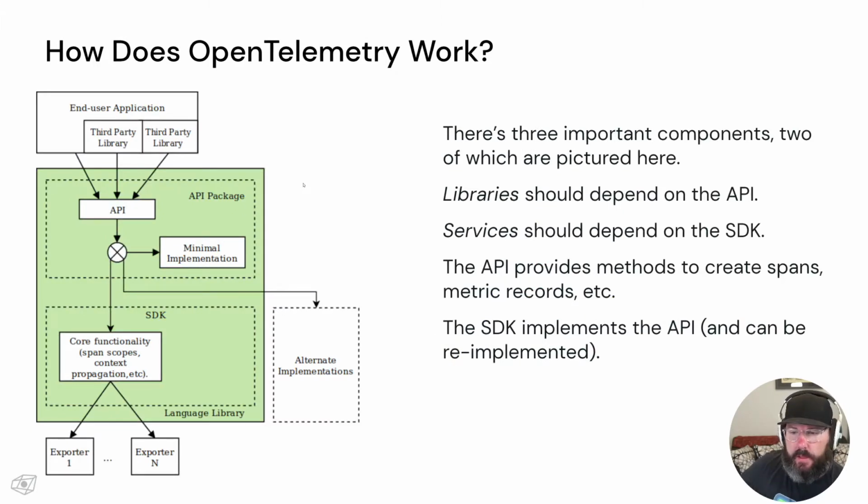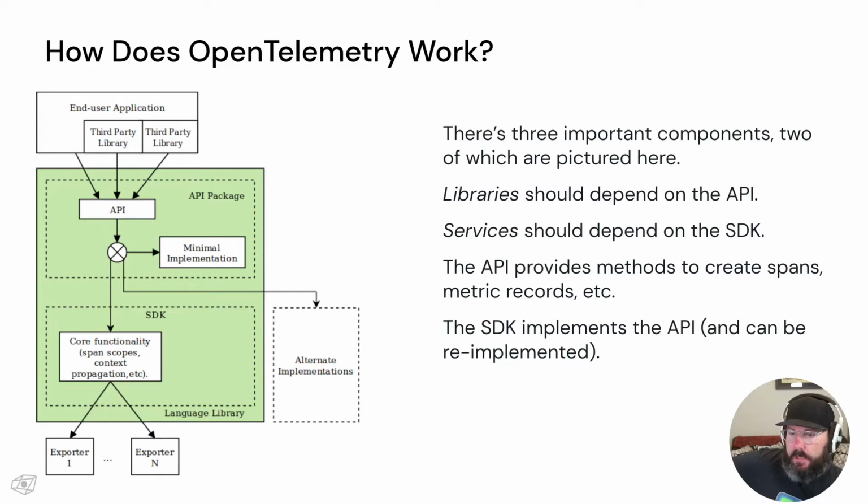So at a basic level, there's three main components, right? There's the API, there's the SDK, and then there's this set of components. We're going to start off by talking about the API and SDK.